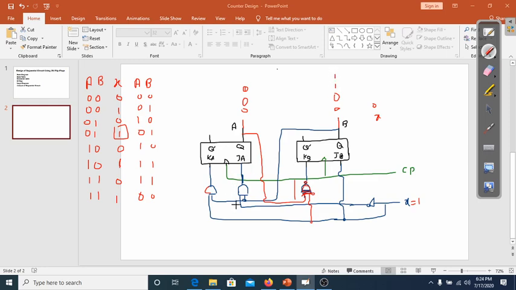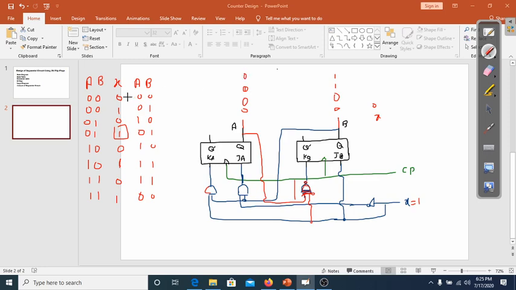This J, the input is AND with B and x prime. So x prime, or x complement, would be equal to 0. B is 1. So its input is equal to 0. So the K, which is B into x, B is equal to 1, x is equal to 1. So when K is equal to 1, J is equal to 0. So the next state will remain 0.